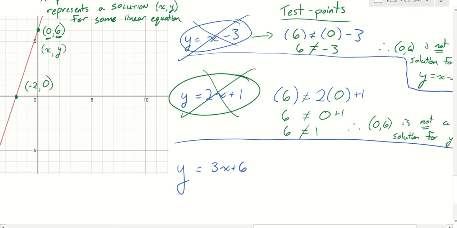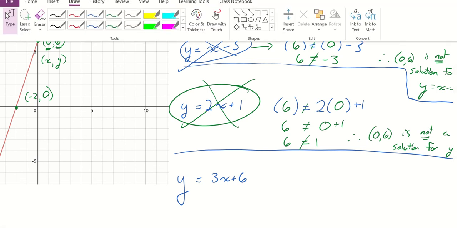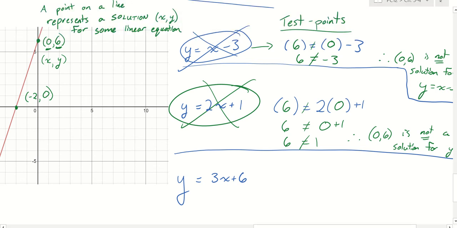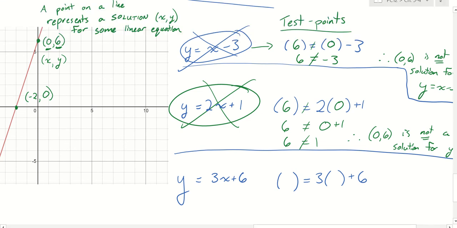So let's try plugging in the same point here. So for this last equation, we have y equals 3 times x plus 6. Let's plug in the corresponding x and y value. So when x is 0, y is 6.